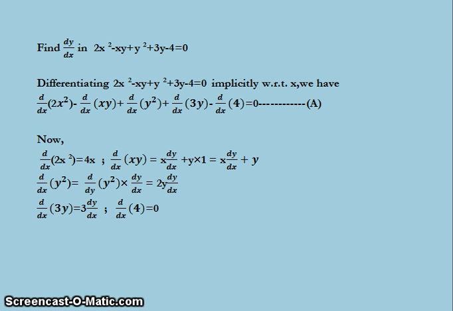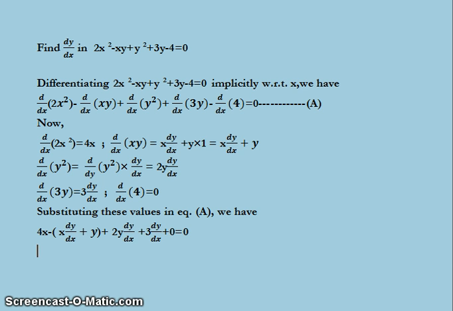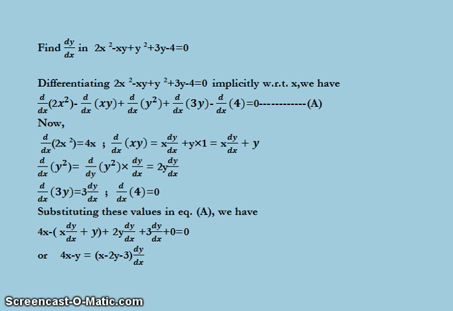Now substituting these values in equation number A, we have 4x minus bracket x dy by dx plus y bracket closed, plus 2y dy by dx plus 3 dy by dx equal to 0. Or we can rewrite this equation as 4x minus y is equal to x minus 2y minus 3 into dy by dx.